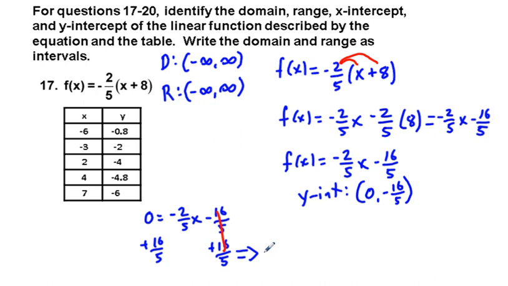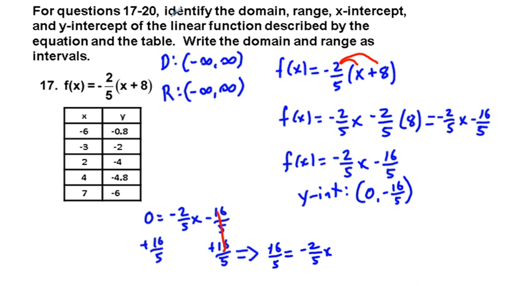Not going to have a lot of room. We have 0 equals, now we added 16/5. Pay attention. 16/5 is equal to negative 2/5 x.